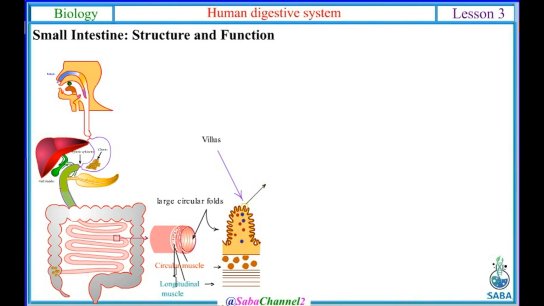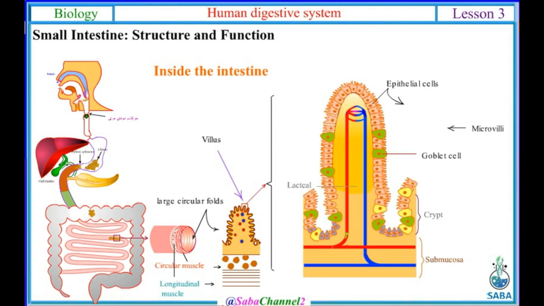The small intestine is a long, coiled tube made of three parts: the duodenum, jejunum, and ileum. Its inner lining is covered by tiny finger-like projections called villi, which are further lined with microvilli. These increase the surface area for absorption.